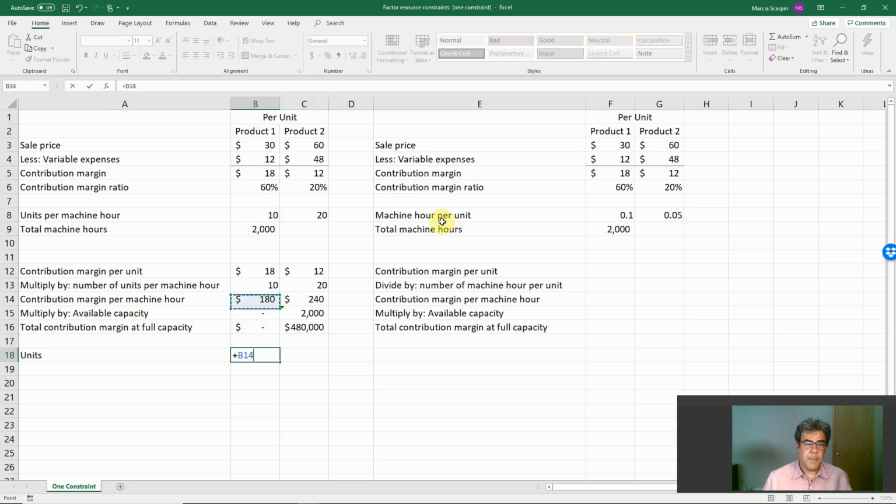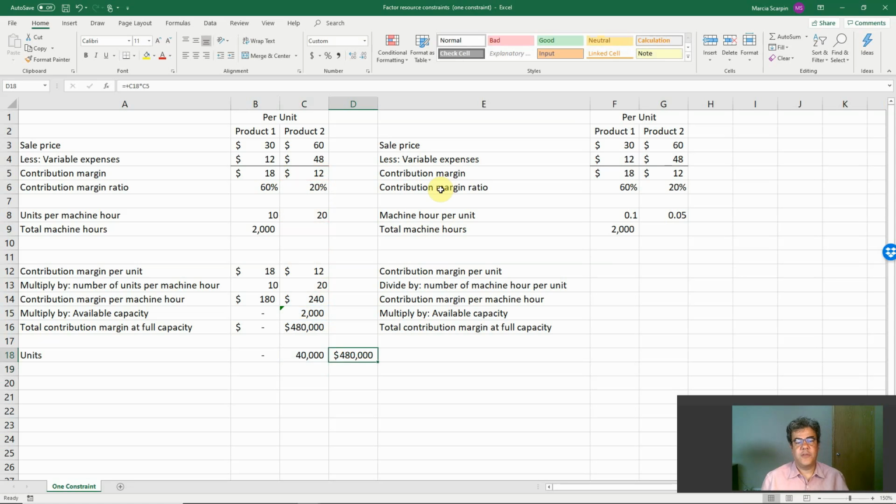Number of hours times the units per hour: nothing for product 1, 2,000 times 20 for product 2. So 40,000 units. To check if it's right or not, 40,000 times contribution margin per unit, 12, is the same 480,000.